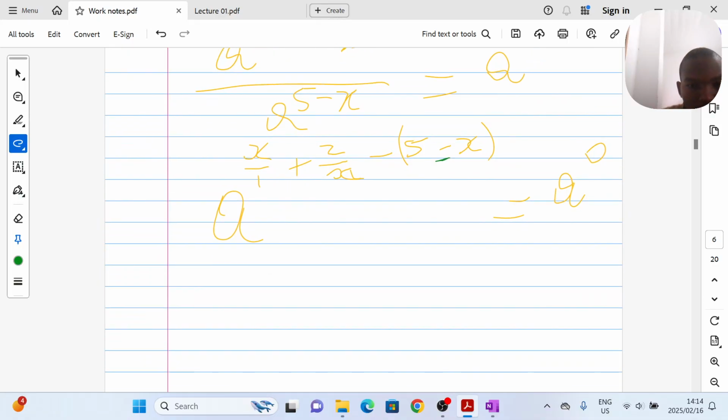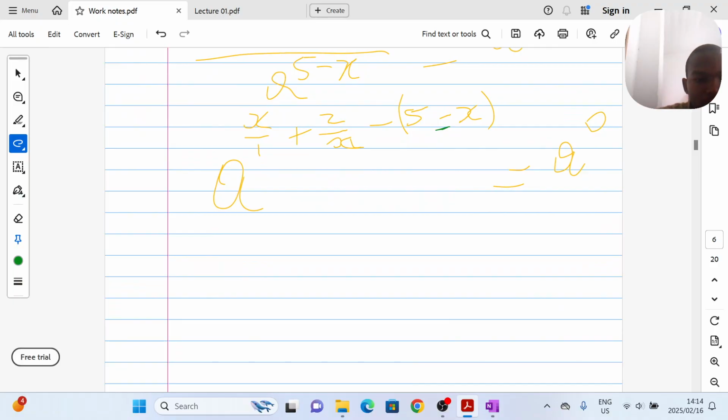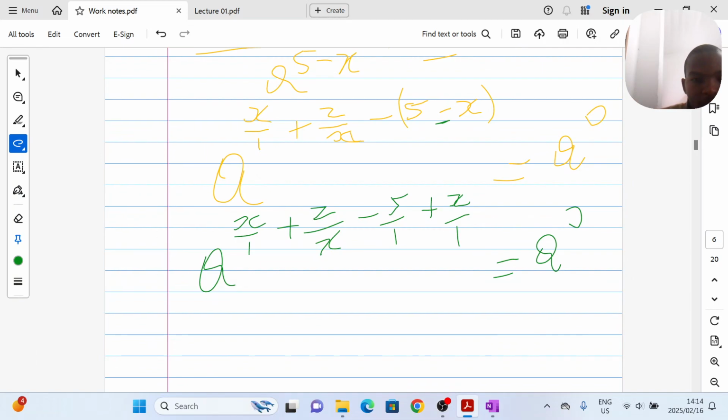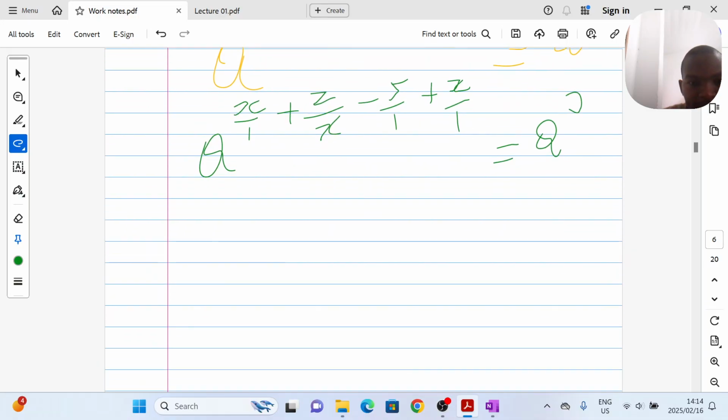So we proceed, and we know that the left hand side is going to be a to the power x over 1 plus 2 over x minus 5 over 1. A minus and a minus will give you a positive. So we're going to have x over 1, which is equal to a to the power 0. Why am I adding these ones there? I want to have a common denominator. But 1 is not changing anything there.